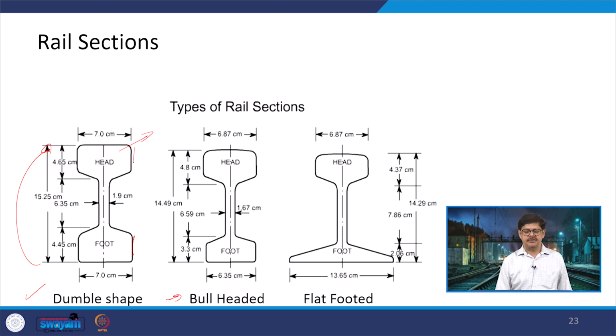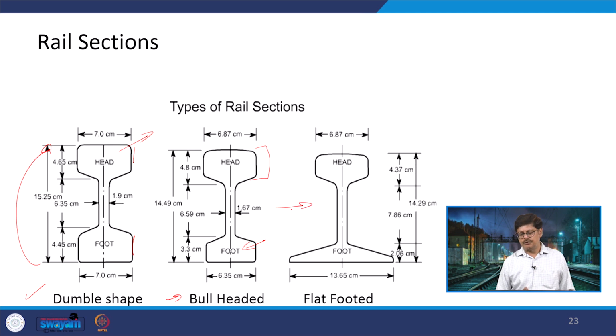Bull-headed section means the head has more material as compared to the foot. When you have more material, even if there is wear, this rail will keep working, but it created an asymmetry and there were more stresses on the foot.